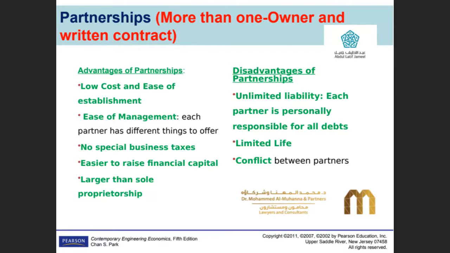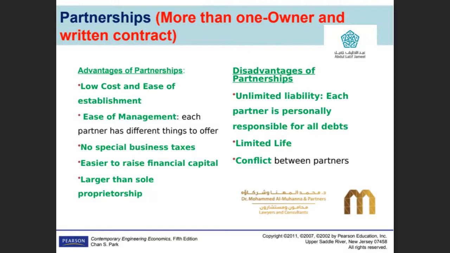You have low cost, because cost can be shared by the partners. If it was one person before and now it is more than one person, they share their cost. And just like proprietorship, it is easy to establish. You can register your firm in the Chamber of Commerce, or whichever organization gives approval.